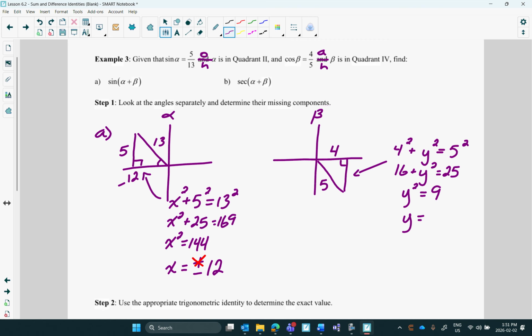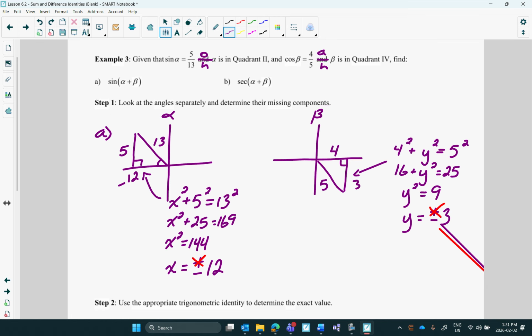Plus minus 3, because it's plus minus root 9. But because we're in quadrant 4, y will be negative, so we reject the positive. And now we know this is 3.